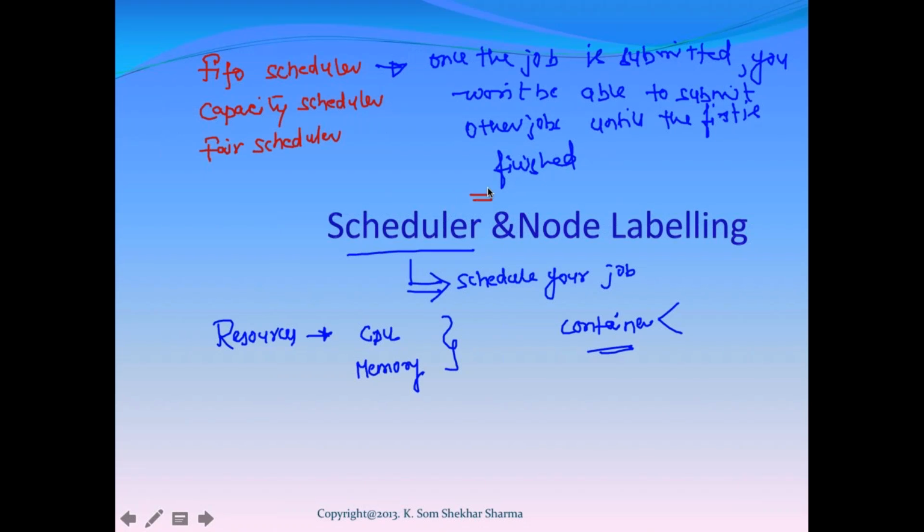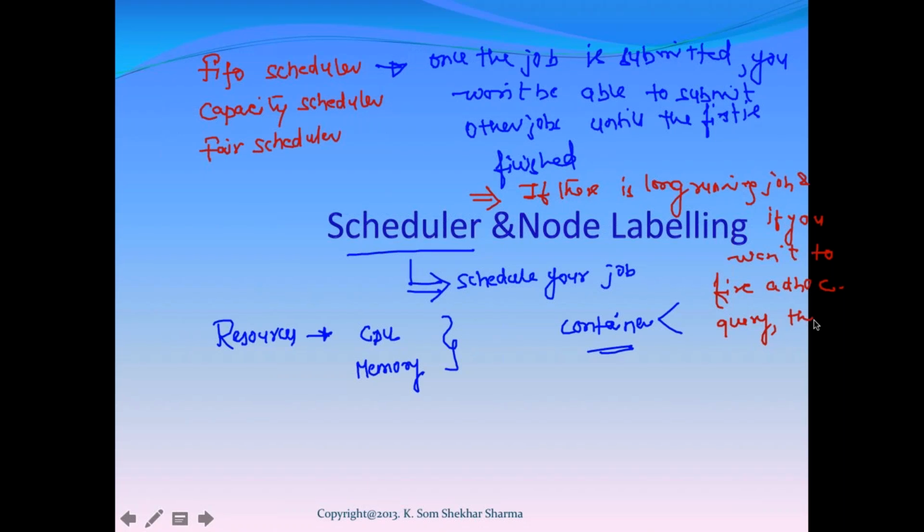Then what is the problem here actually? If there is a long running job and you want to fire some ad hoc queries, like Hive queries or Pig queries or some minor MapReduce jobs, then you have to wait till the job is finished.